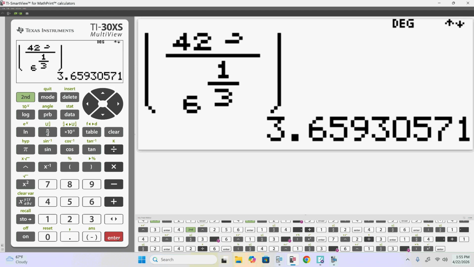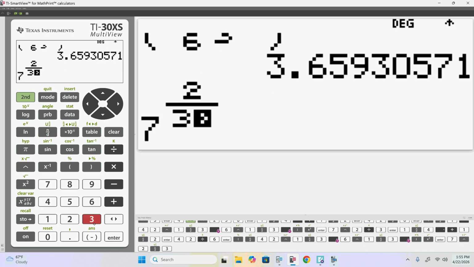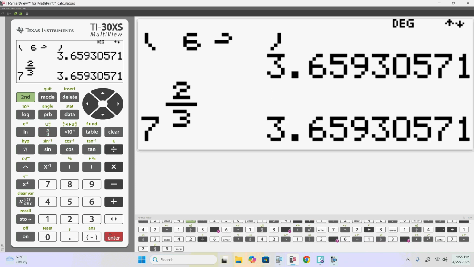And it tells me it's this decimal, which doesn't mean a whole lot to us. But my final answer for this was 7 to the 2/3, yes? Well, lo and behold, those are the exact same value, so therefore they must be equivalent statements.